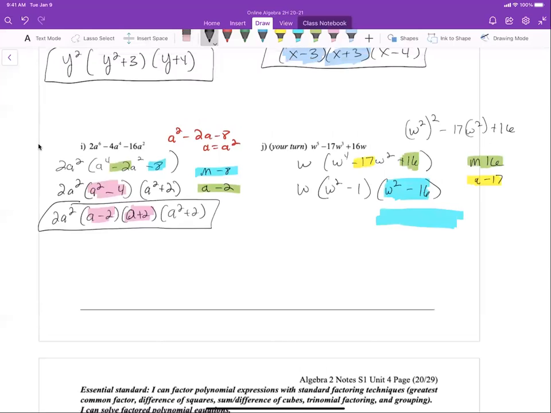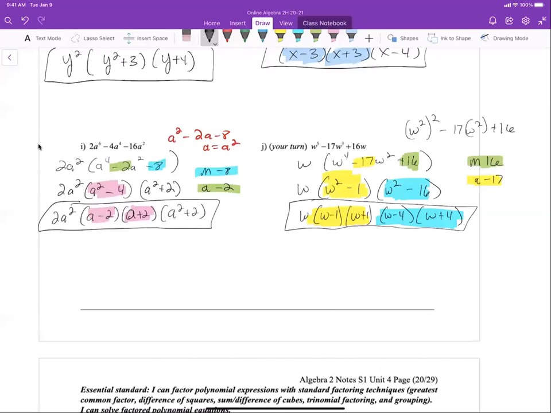It's 2 terms, and that will be W minus 4 times W plus 4. And people don't recognize this, but this is also a difference of 2 squares, and that will be W times negative 1 and W times positive 1, and then we have W on the outside. And this is our answer.